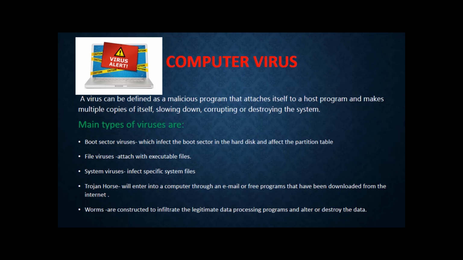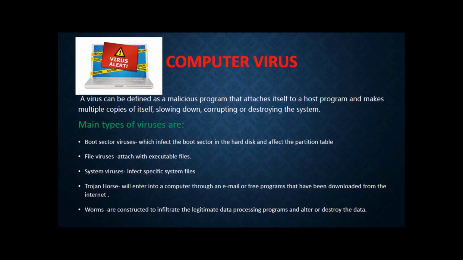Now, the main types of viruses are boot sector viruses. This infects the boot sector in the hard disk and affects the partition table. We have the file viruses. These attach with the executable files. The system viruses infect specific system files. Trojan horses will enter a computer through an email or free programs that have been downloaded from the internet.